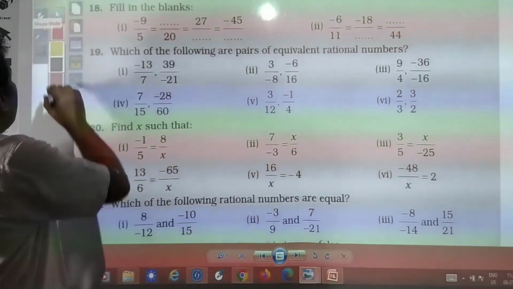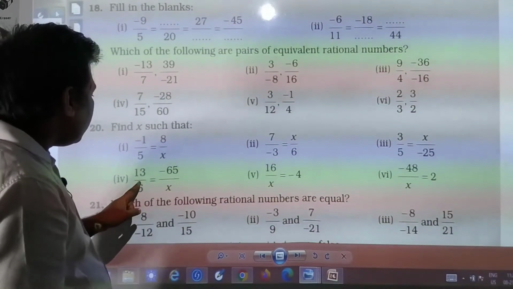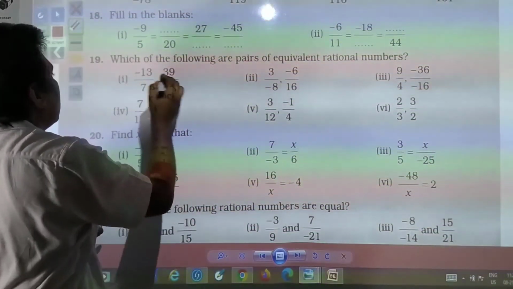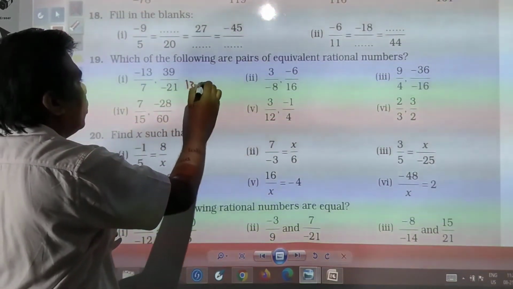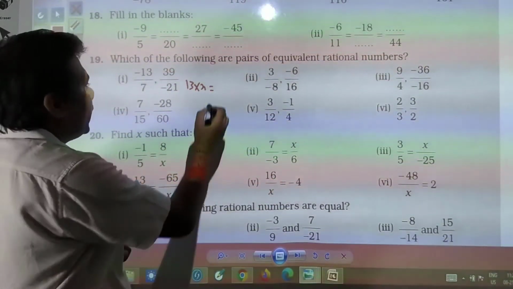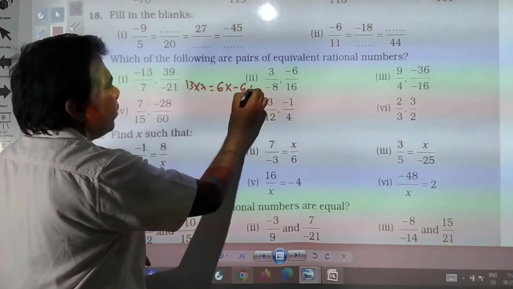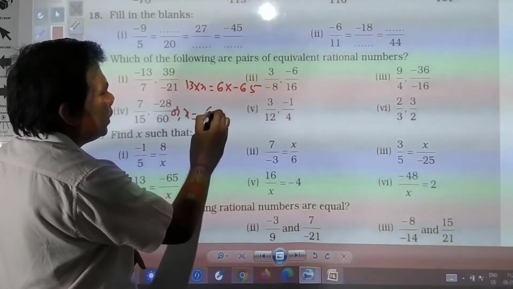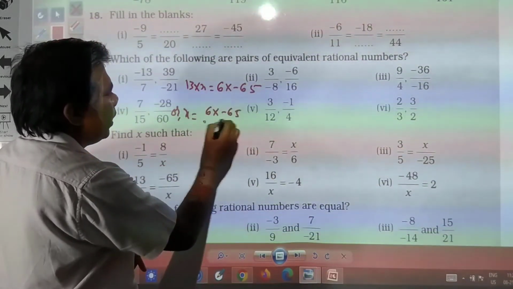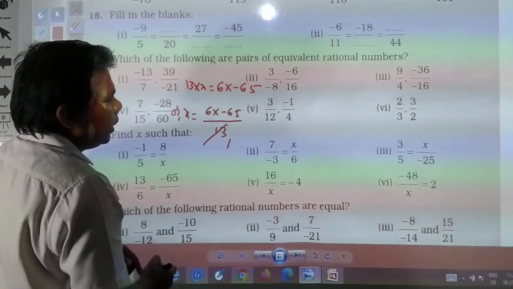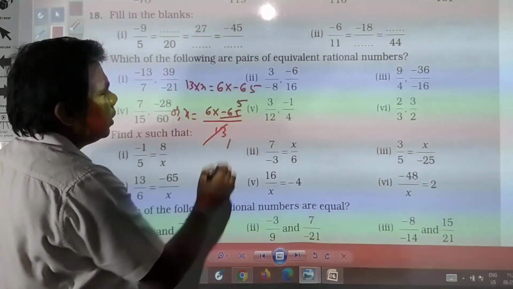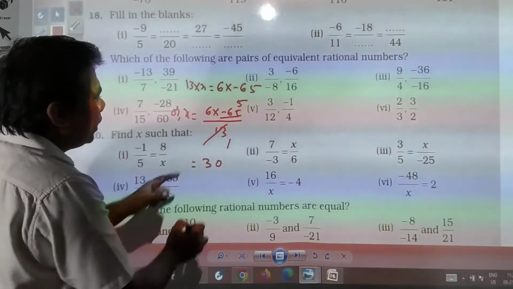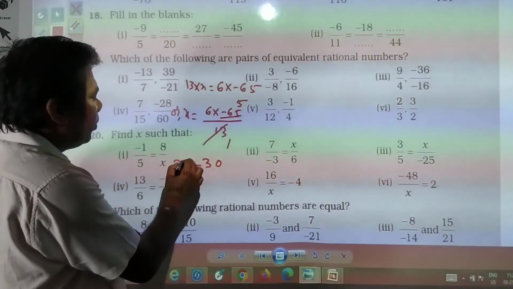In the same way, here you see 13 × x will be equal to 6 × -65, and here x will be 6 × -65 by 13. 13 ones are 13, 13 fives are 65, and 6 × 5 is 30, and sign will be minus, and this will be your answer.